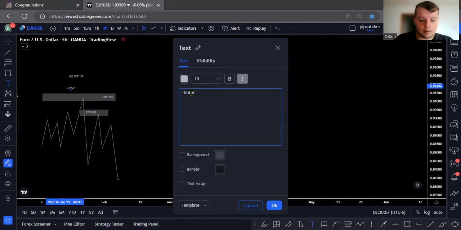Enter after a break of structure occurs and returns back to the order block.